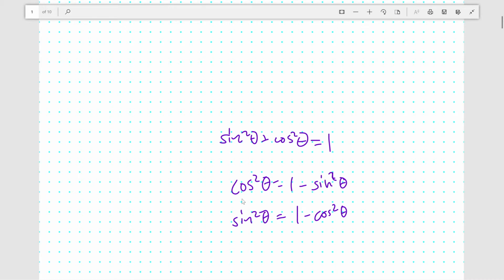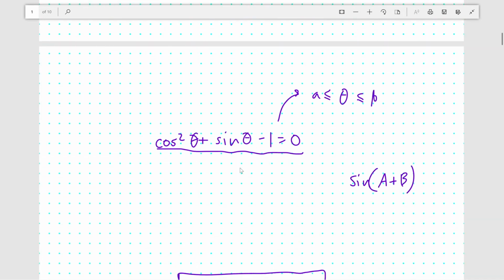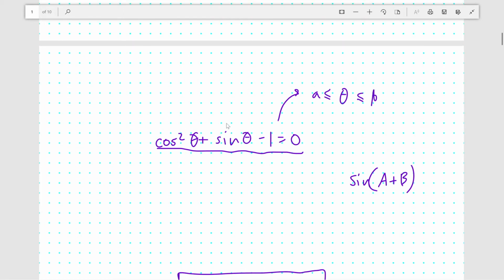So these two identities are going to be very helpful when you want to switch stuff around in quadratic equations, because you have a square term here and a linear term here, just with an exponent 1 and then a constant. And this looks like a quadratic that could be solved. You're just solving to find the value of sine theta.